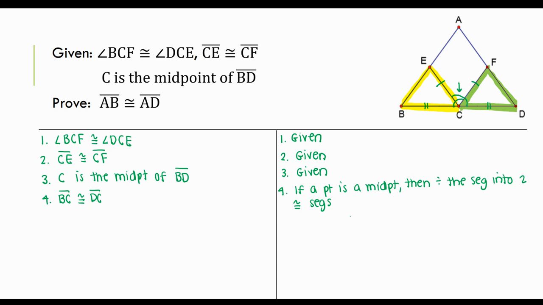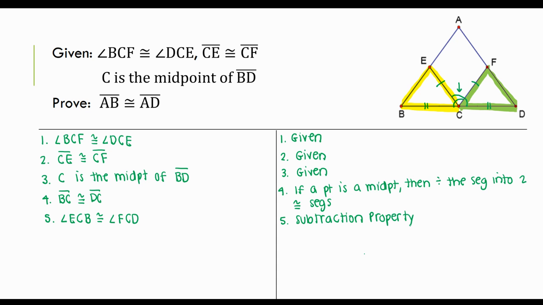So because I really want angles that are smaller than the angles given, I'm asking myself, how do I go from something big to something small? Well, that would be subtraction. So I'm going to say that the angle ECB is congruent to the angle FCD, and this is through subtraction. So it's the subtraction property.